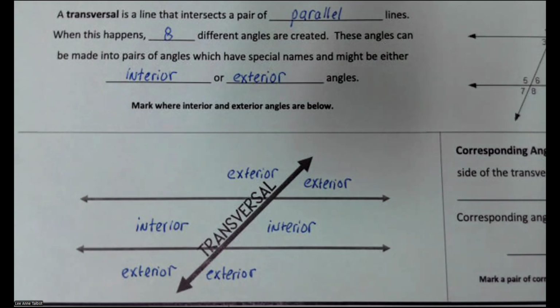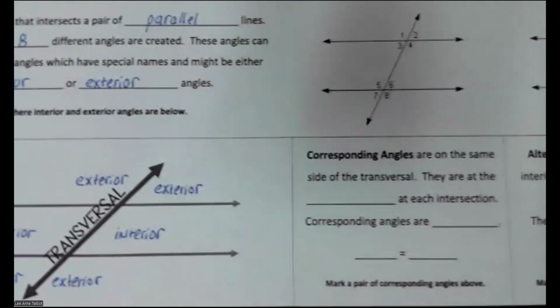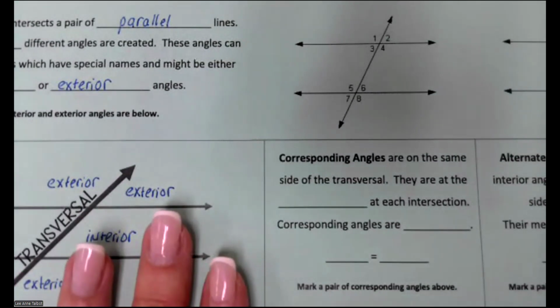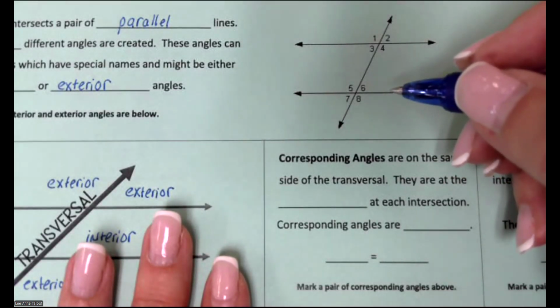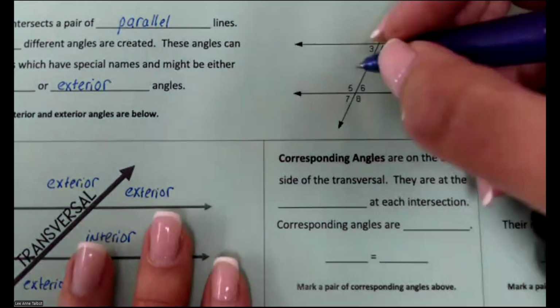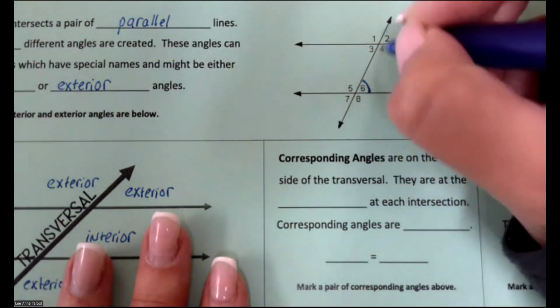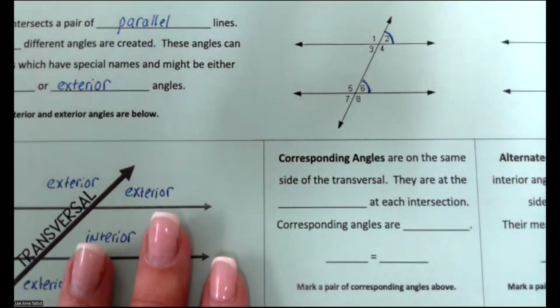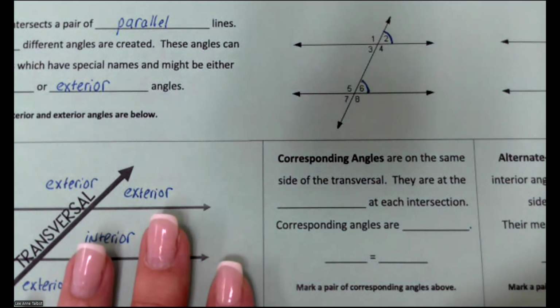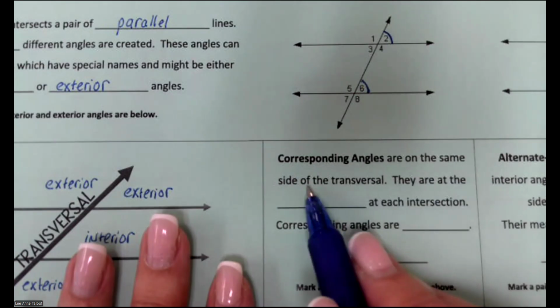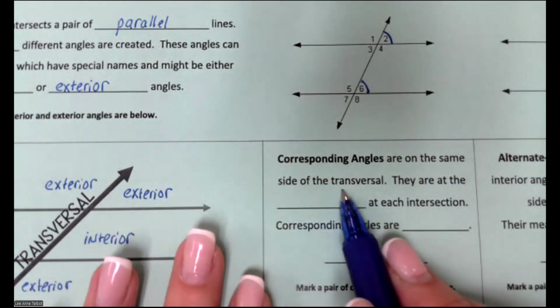Okay, so we're going to go to our first definition, which is corresponding angles. We're just going to mark one set of corresponding angles because otherwise it's going to make the diagram too confusing. So I'm going to mark angles 2 and 6. 2 and 6 are called corresponding angles. Corresponding angles are on the same side of the transversal.